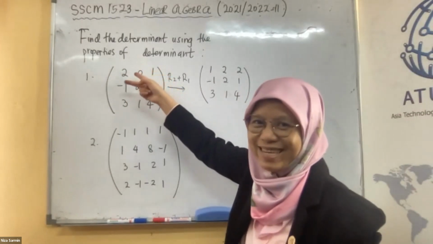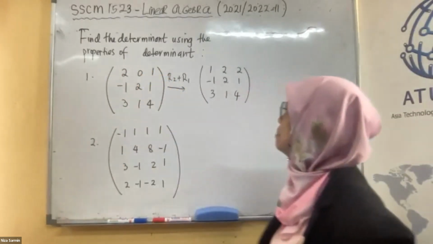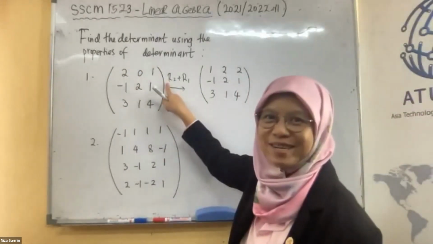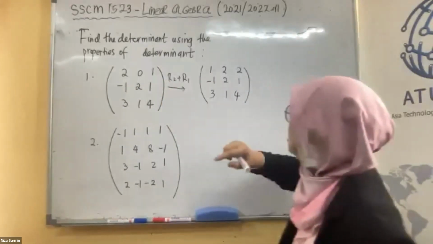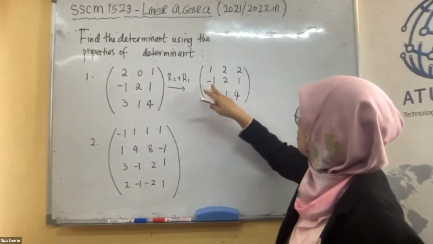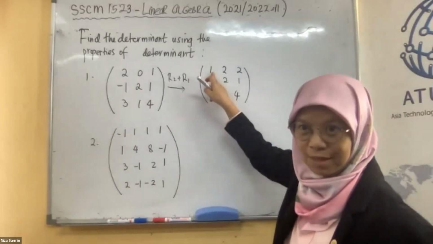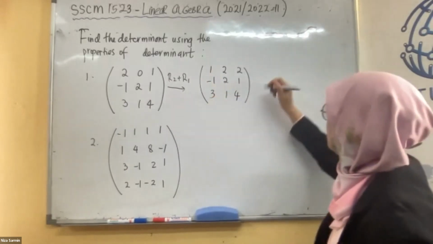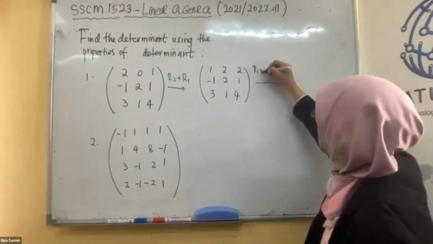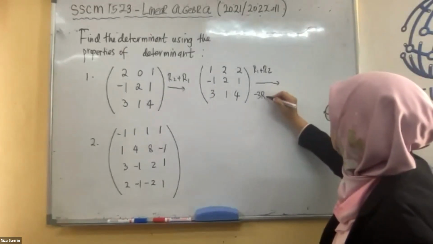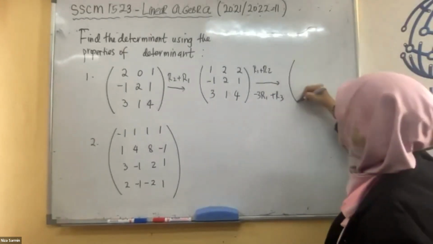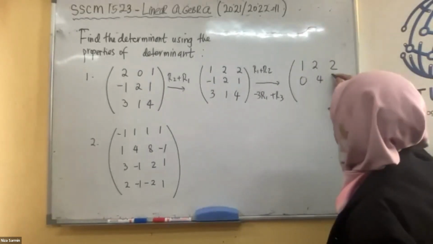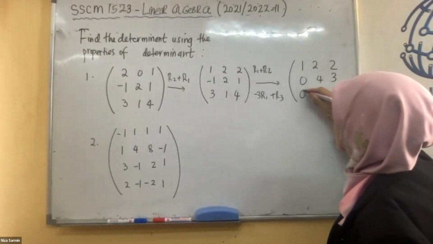That's very dangerous. So I just do KRi plus Rj. Now you see this is already 1. You can make this and this 0. Easy. So you do R1 plus R2, negative 3 R1 plus R3. Then you get 1, 2, 2, 0. Just add, right? Negative 3 and add.